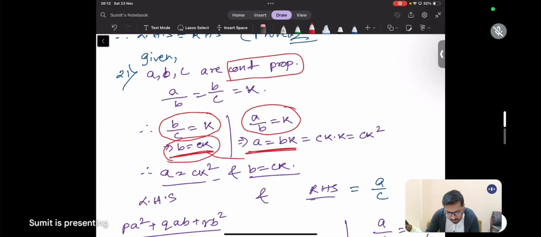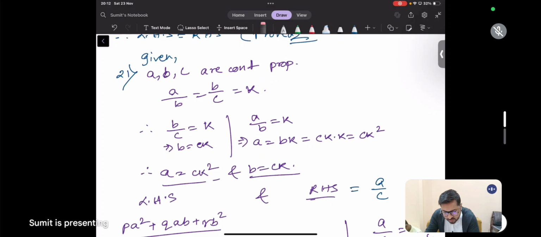You have to replace it over here again, b equal to ck, because b is already known to be ck, so I will put ck here, then I have got ck square. So that means we have got two things: b equal to ck and a equal to ck square. These two things I have got.